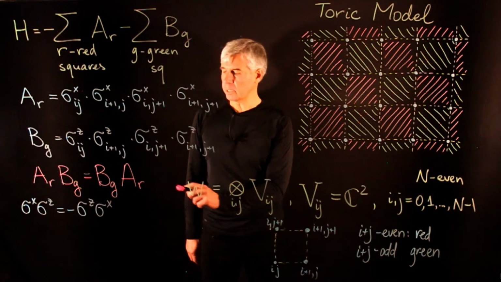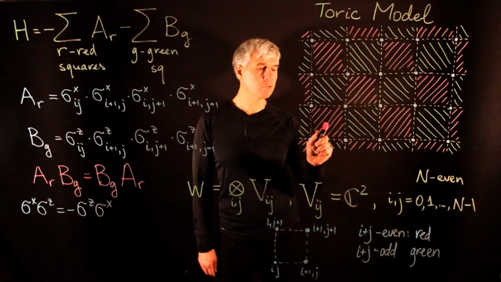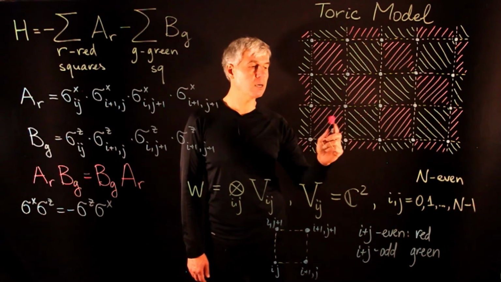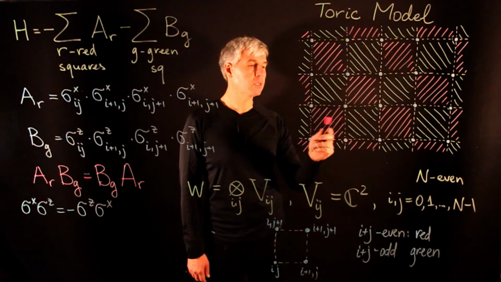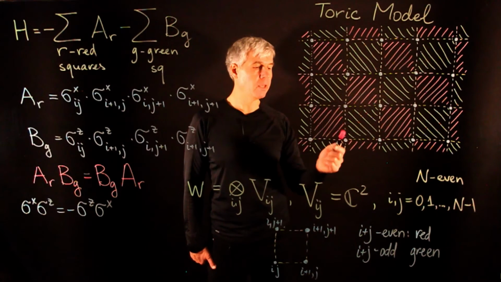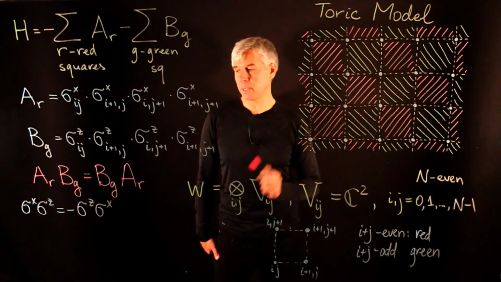The only non-trivial case that we need to check is when the red square and the green square are neighbors. This means that they share common vertices. From geometry, it's clear that if we have two neighboring squares, a red one and a green one, then they will have exactly two vertices in common.